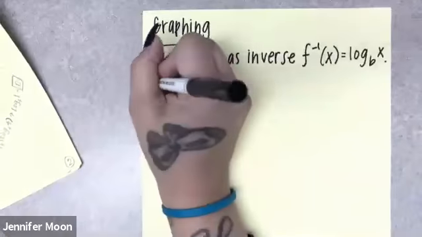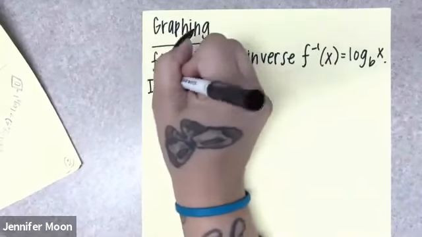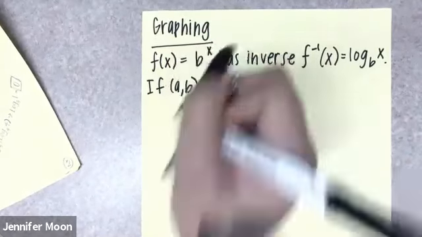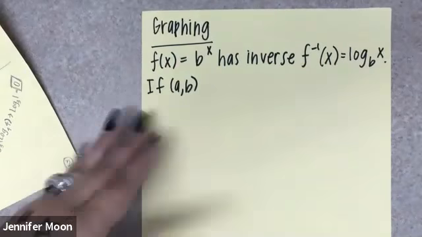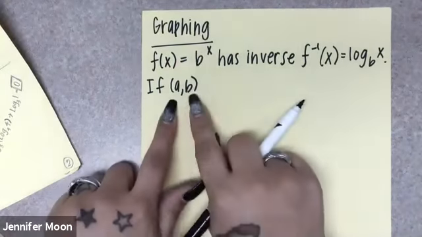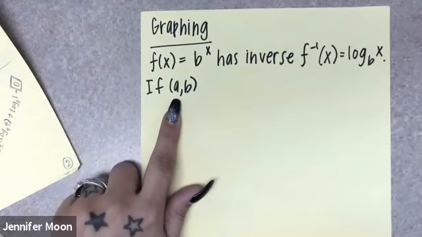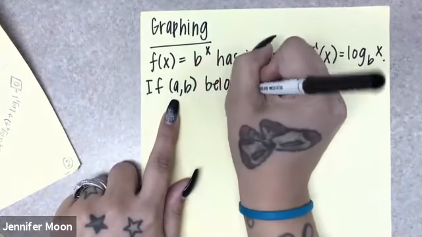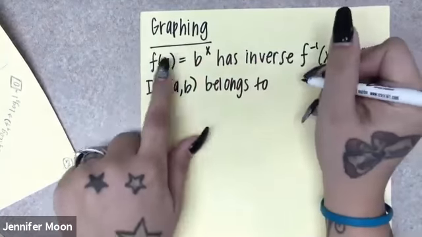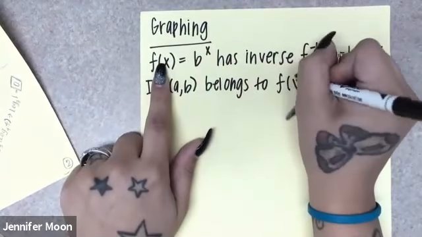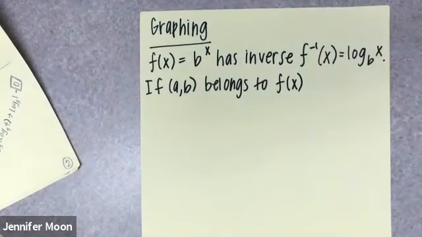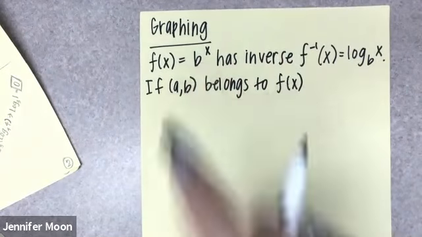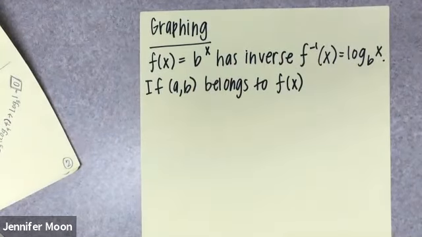One-to-one is what I'm fixing to describe right here. So what this means is, and this is a coordinate point, if I'm graphing something, I need these points. If the point a, comma b belongs to this exponential function f of x, say I made a table and plugged a few values in, I've got my x's and my y's.